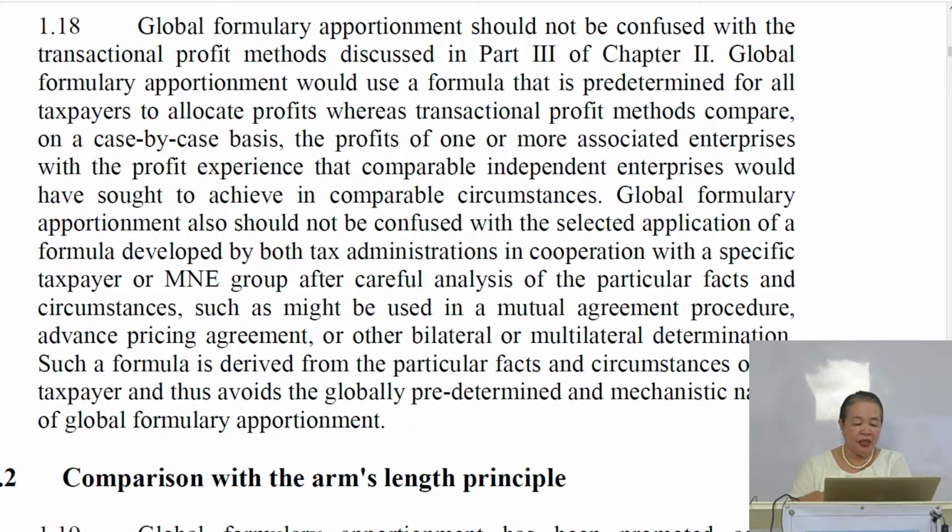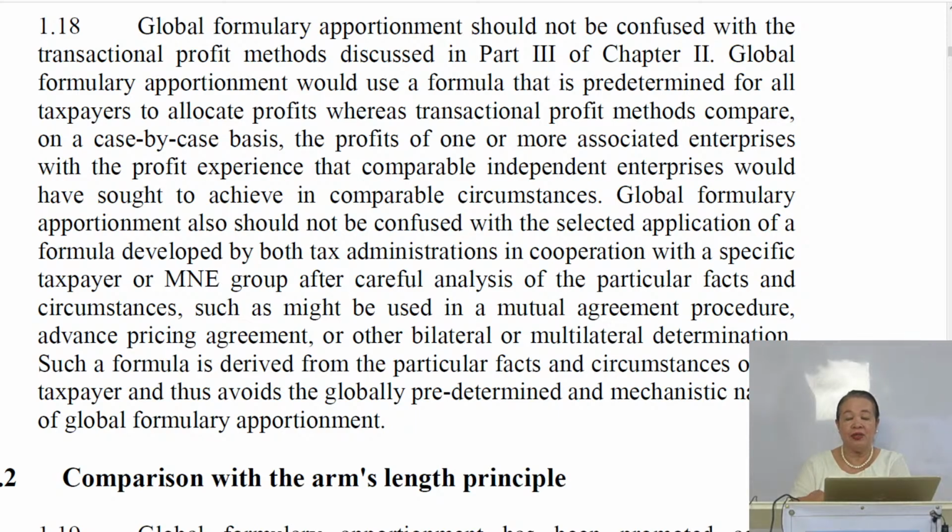Advanced pricing agreement or other bilateral or multilateral determination, no? So iba yun kaysa global formulary. Such a formula is derived from the particular facts and circumstances of the taxpayer and thus avoids the globally predetermined and mechanistic nature. Mechanistic ang global formulary apportionment.